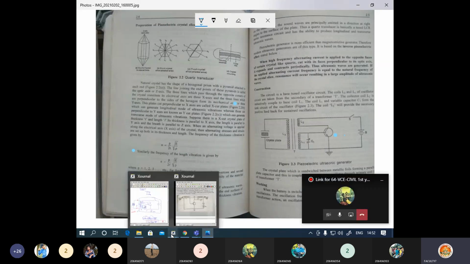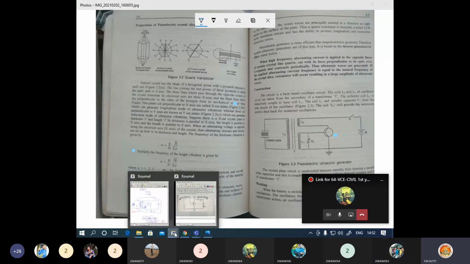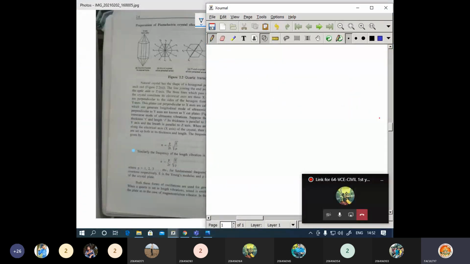Meanwhile, if you want to refer to the frequency, you can refer to this equation that we had seen in the previous concept also. The expression is almost similar to the previous one. The frequency f can be given as 1 by 2L root Y by rho.